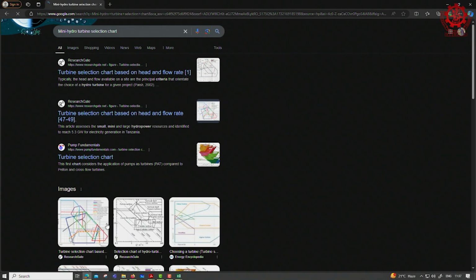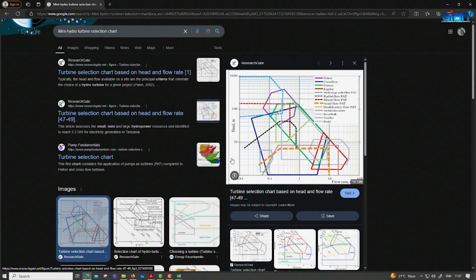Here you get many kinds of turbine selection charts. For example, this one, right. Most of them are the same. They will give similar advice, although different suppliers will have different ones. This one has a lot more details, and many turbine types are here.